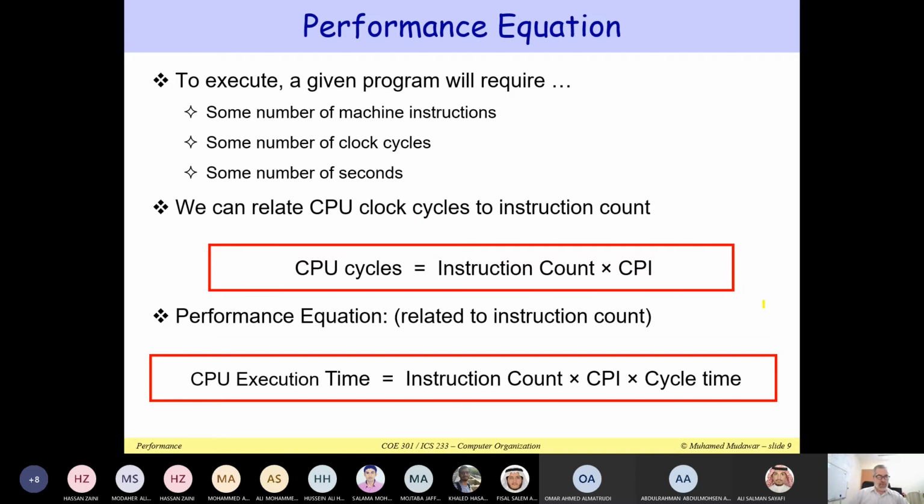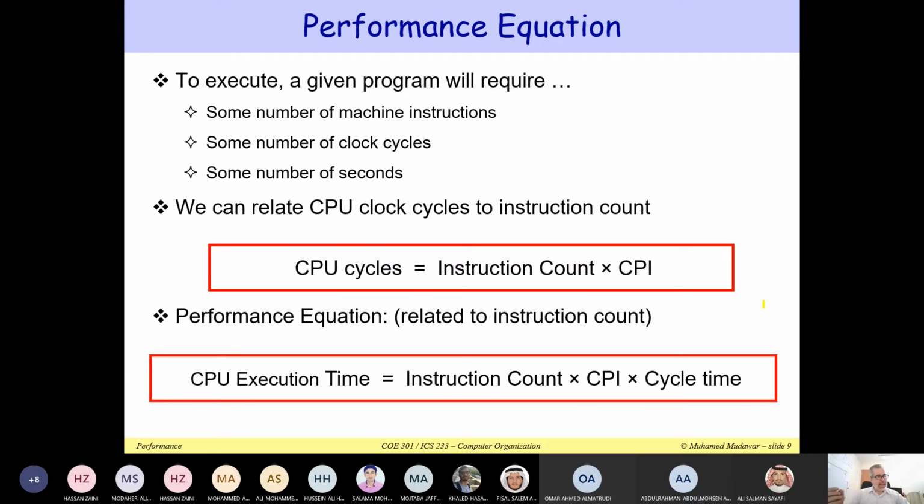So now we come to the performance equation. If I would like to execute a given program, the program consists of a certain number of machine instructions. Remember that the CPU is only executing these machine instructions. And these machine instructions are going to take a certain number of clock cycles.